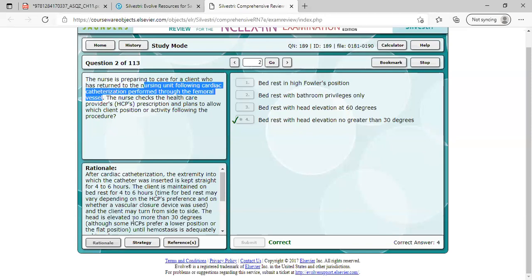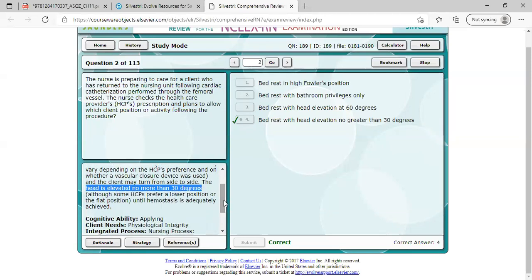The head is elevated no higher than 30 degrees. If it is more than that, it can cause more pressure in the extremities. Although some healthcare providers prefer a lower or flat position until hemostasis is adequately achieved, meaning until the bleeding has stopped.